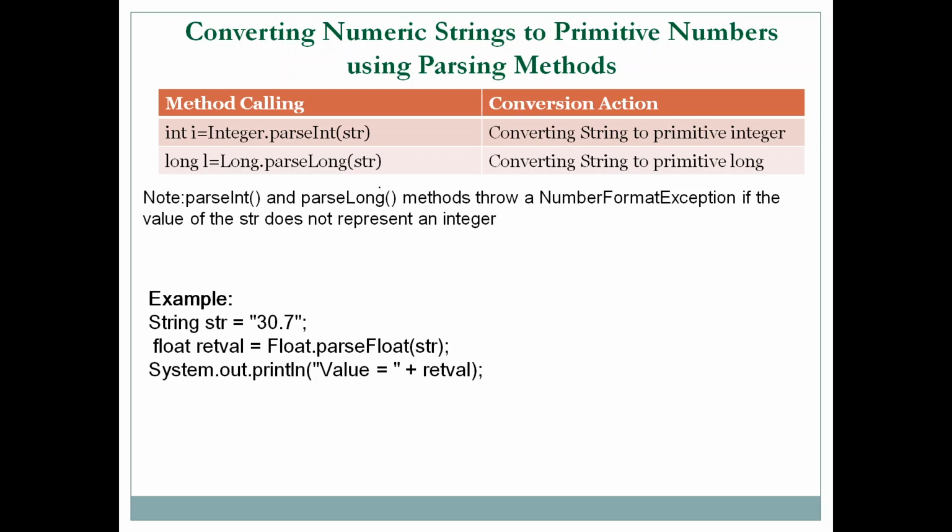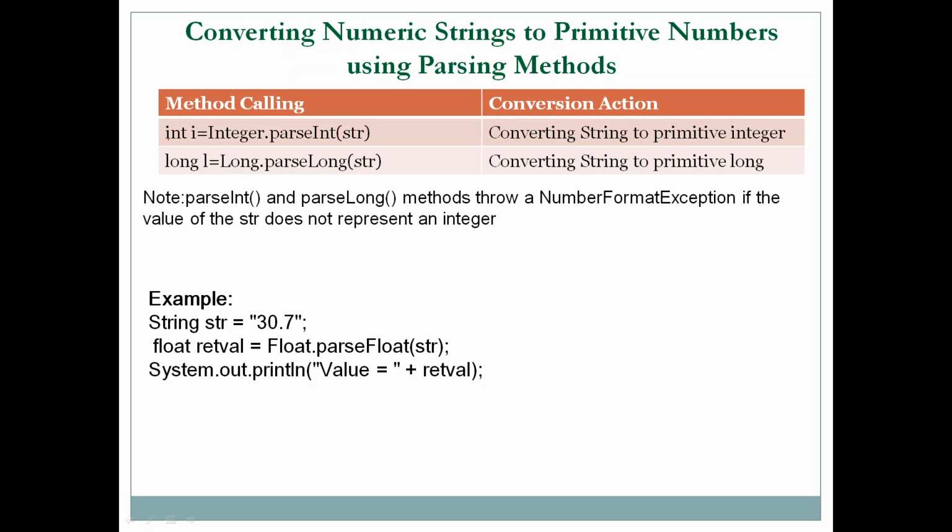Now we also have methods where a string can directly be converted into primitive numbers, that is, a string can be converted to int, it can be converted to float. See, int, float, long, I said these are primitive types we can convert it to, not the object Float or object Integer. So a string can directly be converted into primitive numbers by using methods called parsing methods.